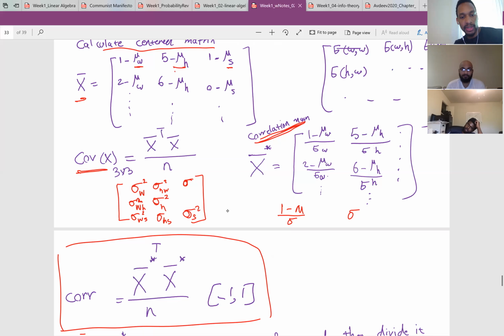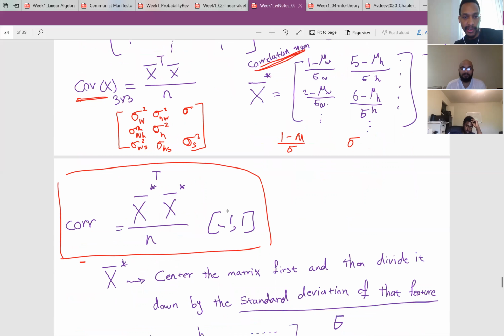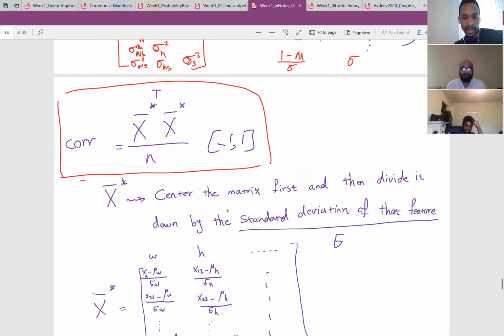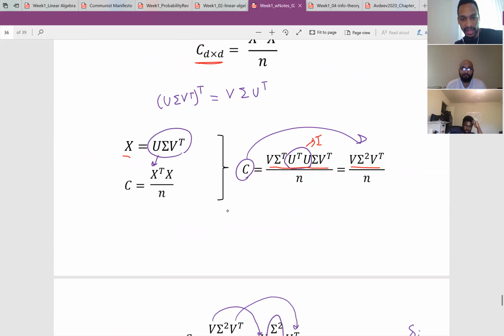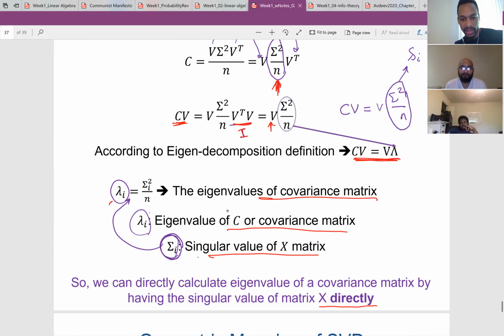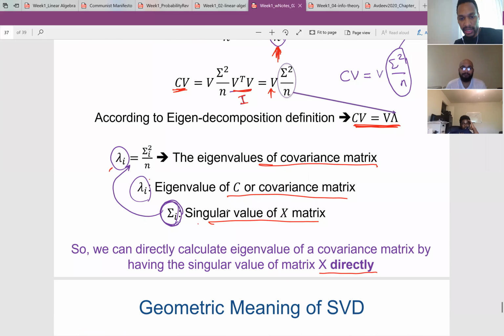But then you wouldn't have the variance in between each component. Yeah, I guess that is the idea here, is that you can directly calculate the eigenvalues of the covariance using SVD of X.